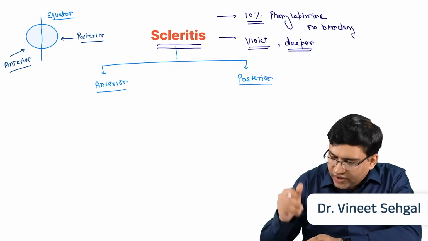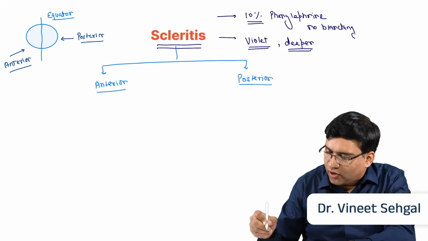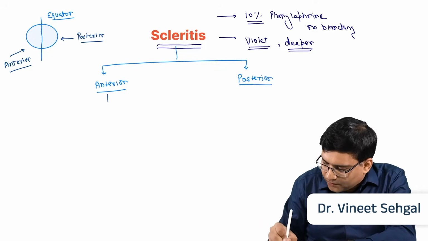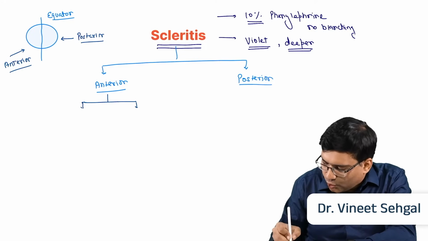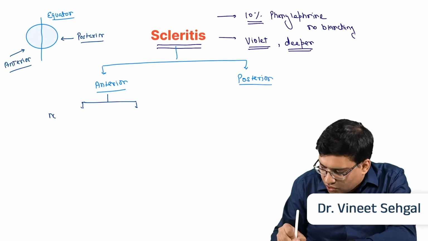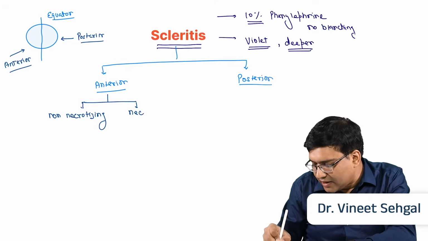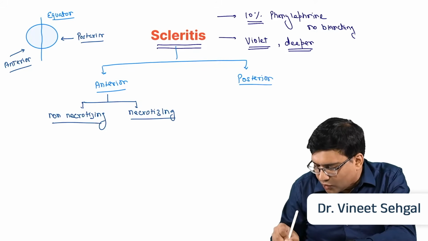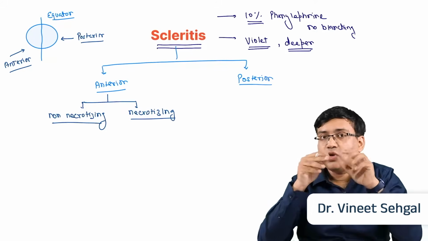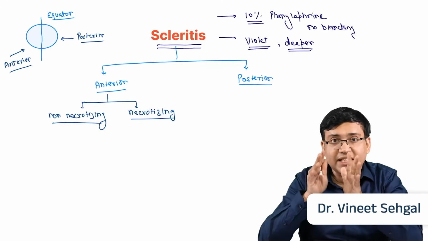Okay. So when we come to the anterior scleritis, what is the different type of anterior scleritis? Now they can be differentiated into non-necrotizing and necrotizing. Necrotizing means that the collagen fibers are getting necrosed and the sclera is becoming thinner and thinner.